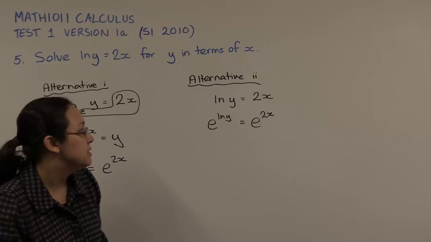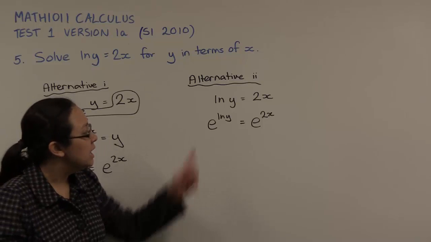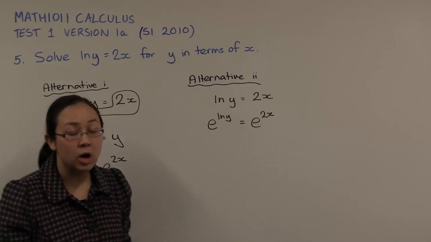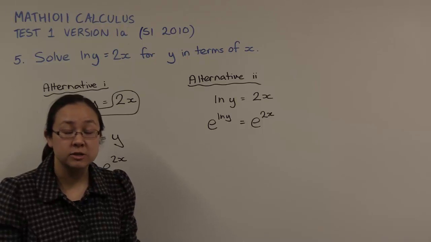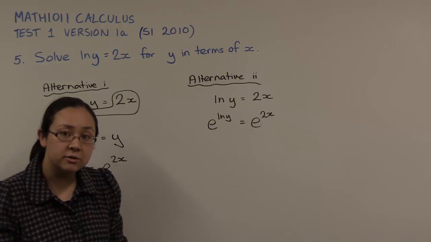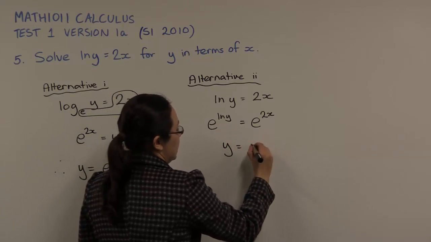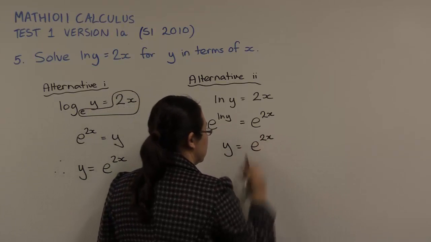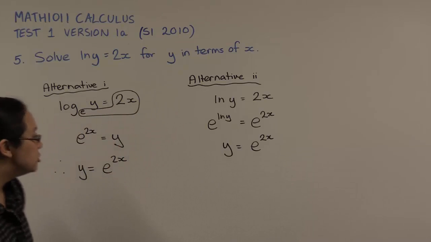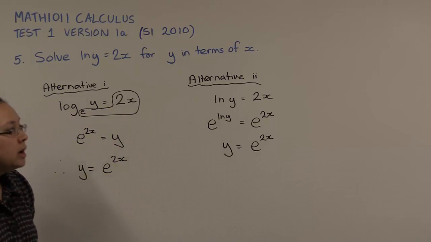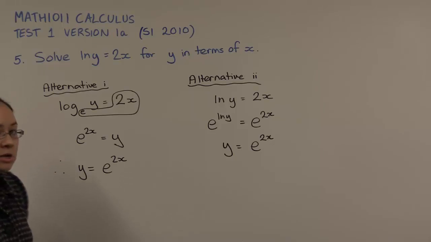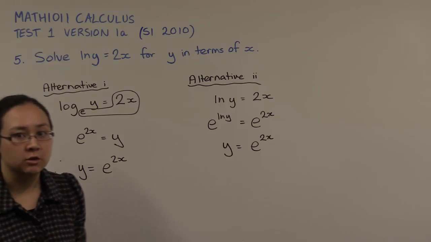We raise both sides of this equation to the power of e. Now, e to the power of ln of y is just y, and that's because exponentials and logarithms, they're inverses of each other, they undo each other. So this is just y, and so y must equal e to the 2x there. So two different ways to think about this problem, but it's relatively simple once you understand what the definition of a logarithm is.